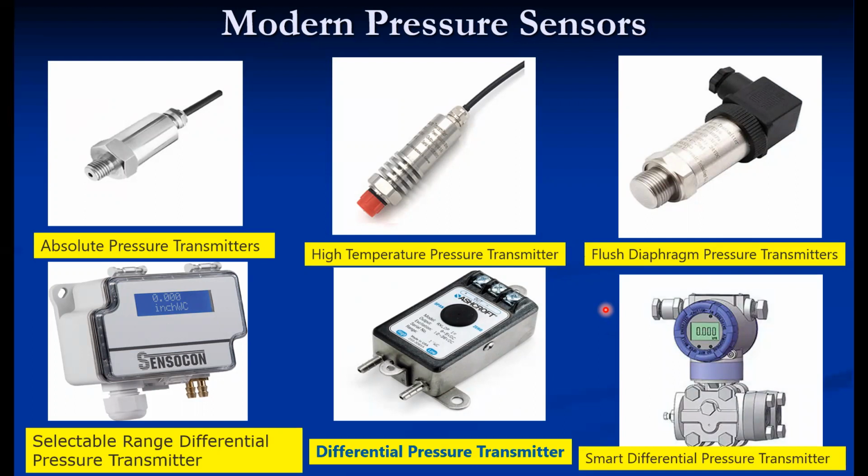These are some modern pressure sensors which are used in some of the research equipment or where pressure measurement is a stringent property. So with this, we have completed this particular session. At the end of the session, you should be able to define various pressure terminologies and their measurements.